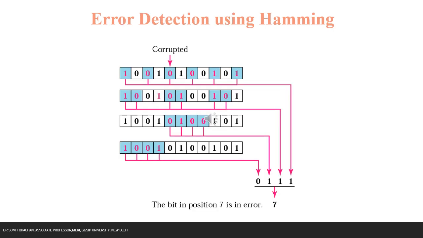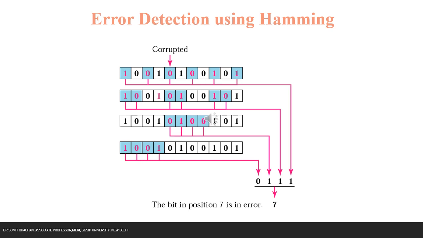And now you find that one bit has been corrupted, and that particular location is part of R1 as well as R2 and R4. So if the redundant bit at a particular location detects an error in its locations, then in that case we have 1, otherwise it's 0.